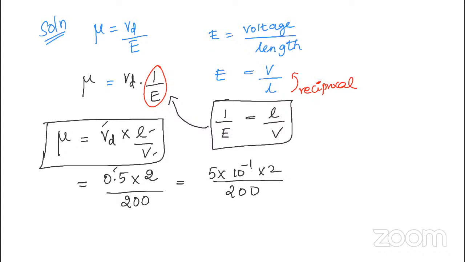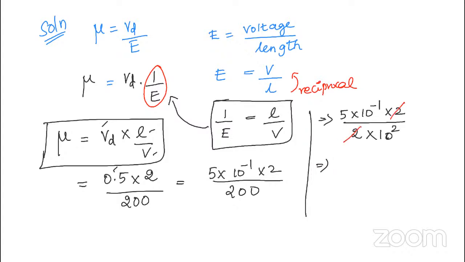Okay, right? So to simplify this easily, 5 into 10 power of minus 1 into 2, divided by 2 into 100. We are converting it into powers, so that is 10 power 2. Okay, next here we just cancel out the values of 2.